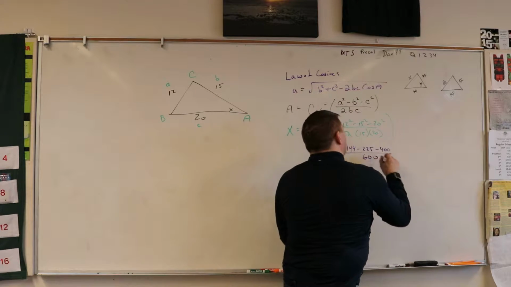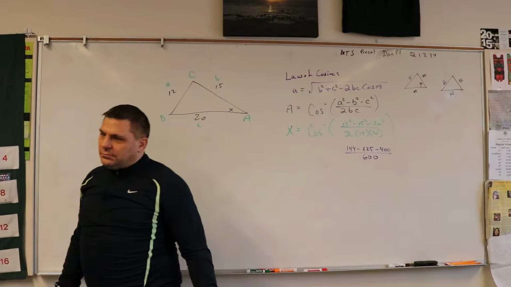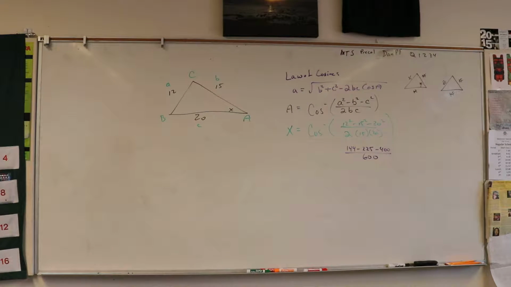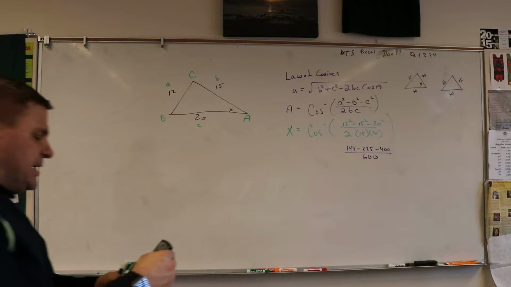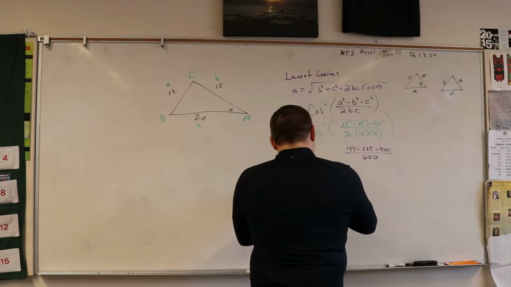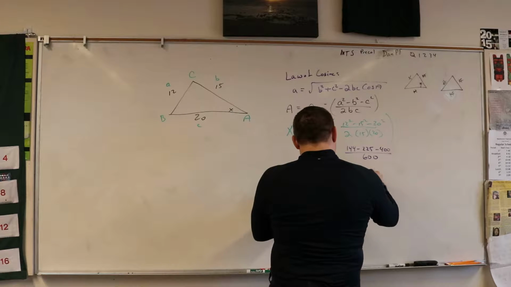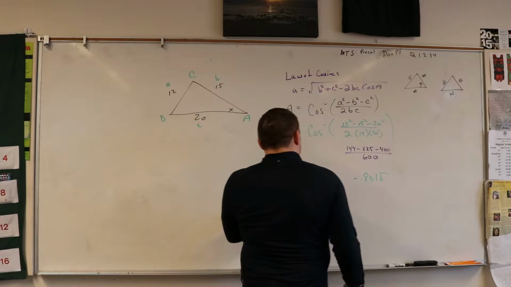Is that right? And then we just do more of that math. So 144 minus 225 minus 400 is negative 481, divided by 600 is negative 0.801.